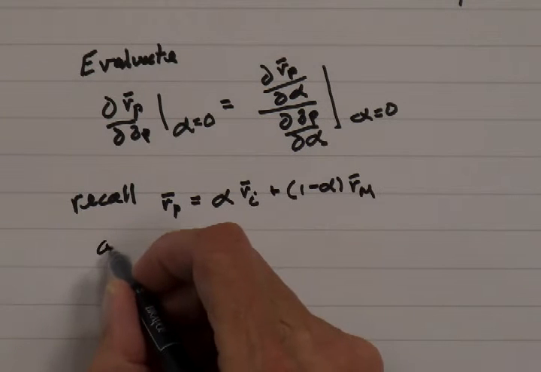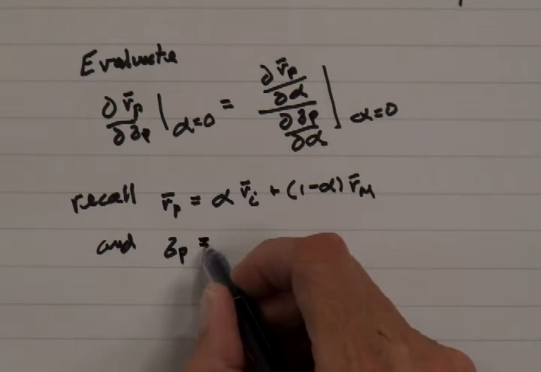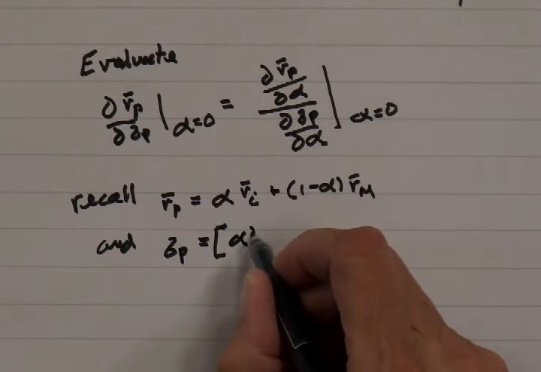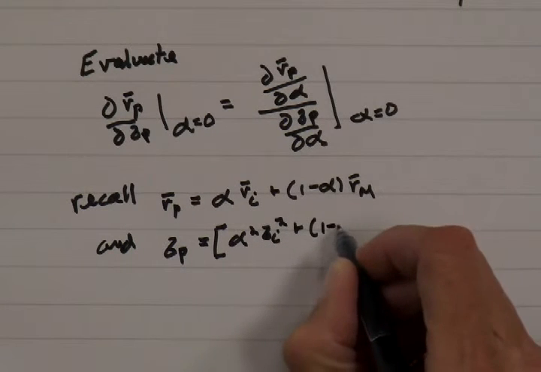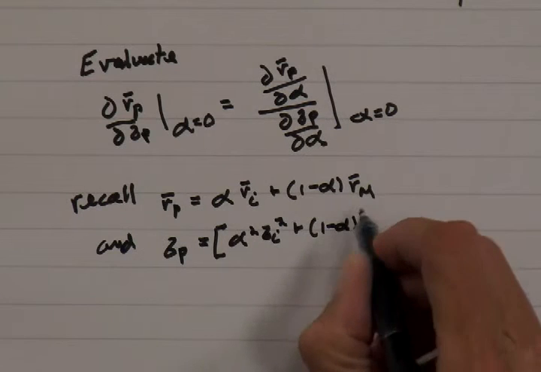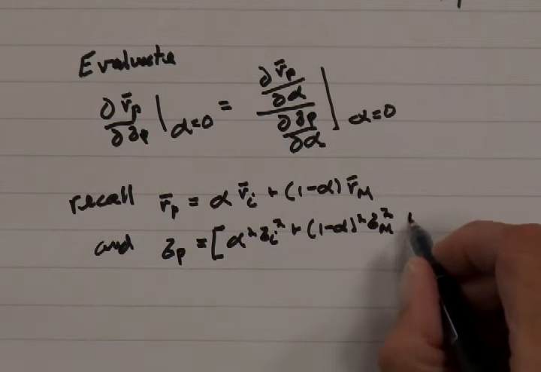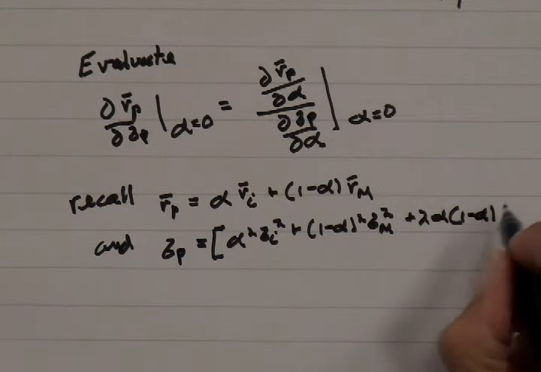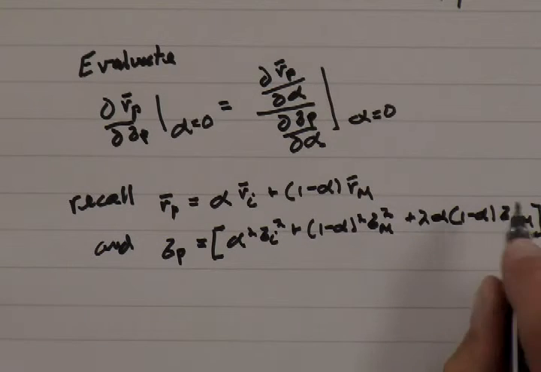And the standard deviation of that portfolio is equal to alpha squared sigma I squared plus 1 minus alpha squared sigma M squared plus 2 alpha 1 minus alpha sigma IM. And we take the square root of that. Okay.